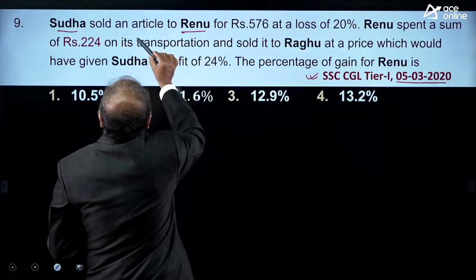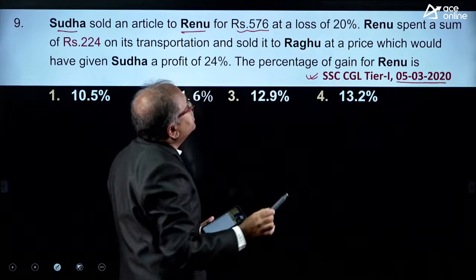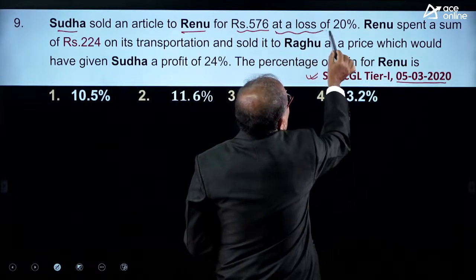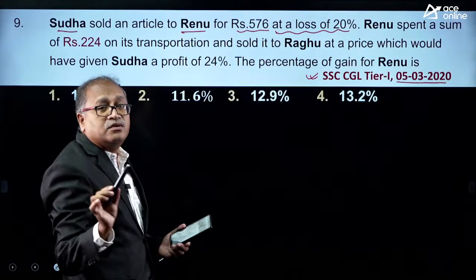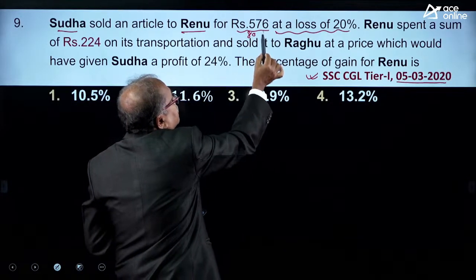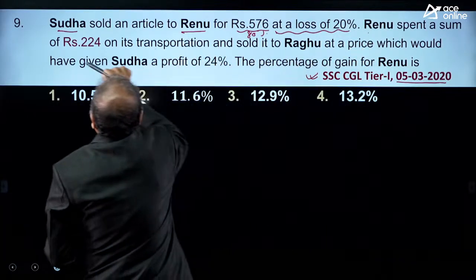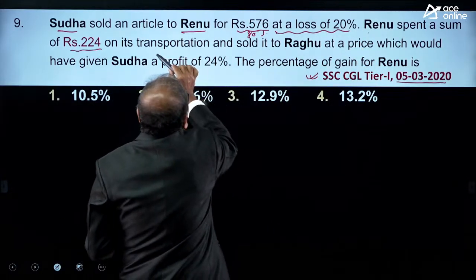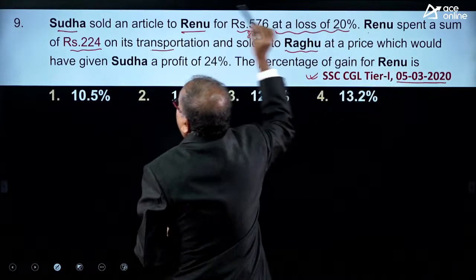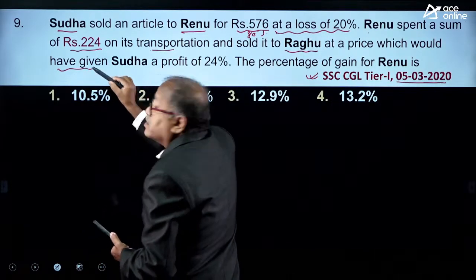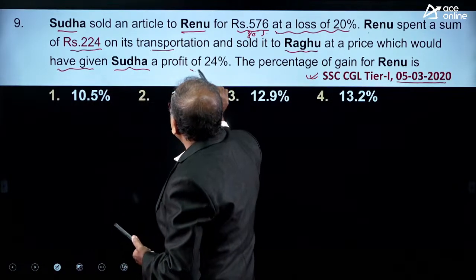Okay. Sudha sold it to Renu for rupees 576 at a loss of 20%. So this value is 80% of the cost price of Sudha. Now, Renu spent a sum of rupees 224 on its transportation and sold it to Raghu at a price which would have given Sudha a profit of 24%.